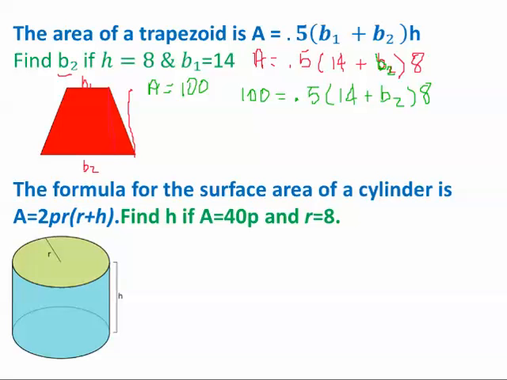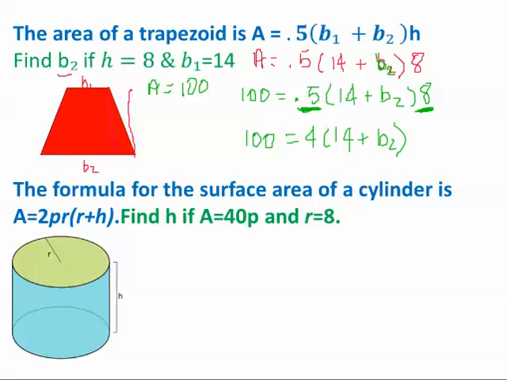2 times 8. So what I'd like you to see is that you have 2 numbers here that need to be multiplied together. And they're both outside the parentheses. So to start this equation, we can say 100 equals half of 8, or 4 times 14 plus B2. So I took the 2 numbers, even though they're on the opposite sides of the parentheses, they're both on the outside.